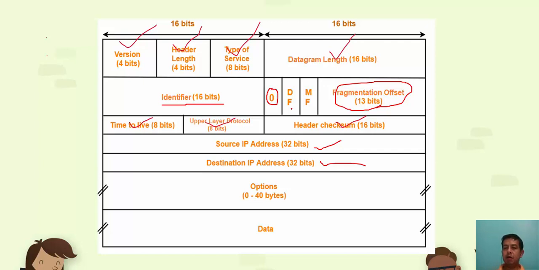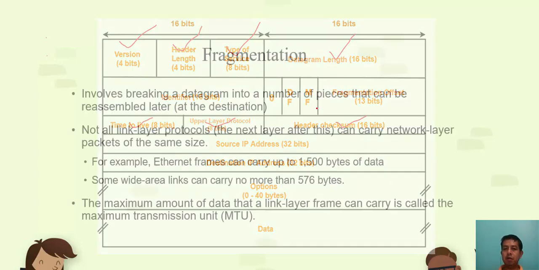There is another flag, DF, which is known as do not fragment. We'll see what it means. And MF means more fragments. We'll see the details of each of these fields. So, a 16-bit field, a 13-bit field, and three flags. Out of these three flags, one flag is never used. Two flags are used in the process known as fragmentation.